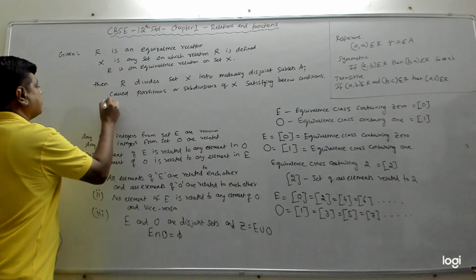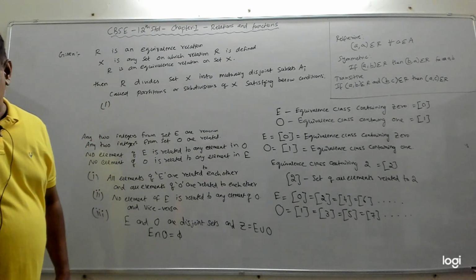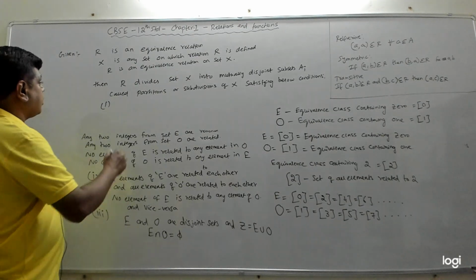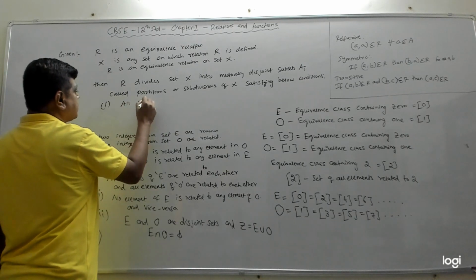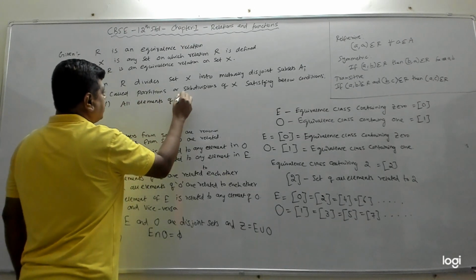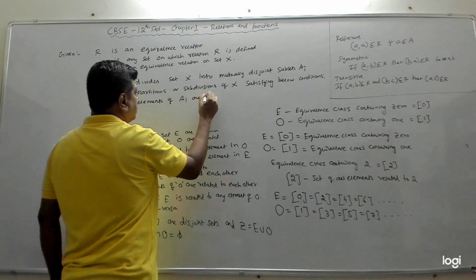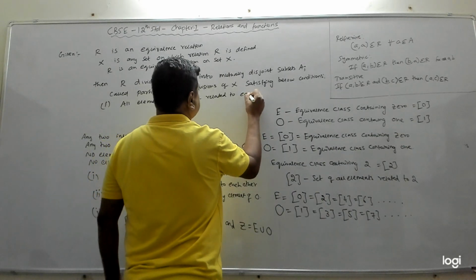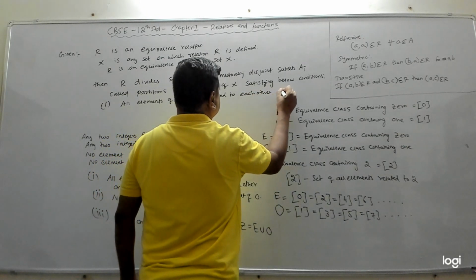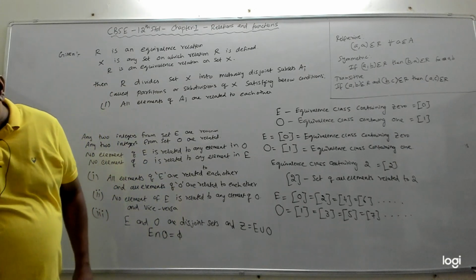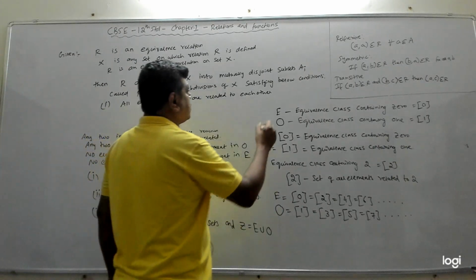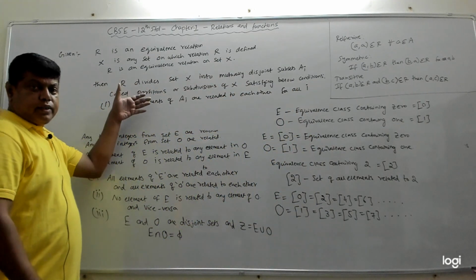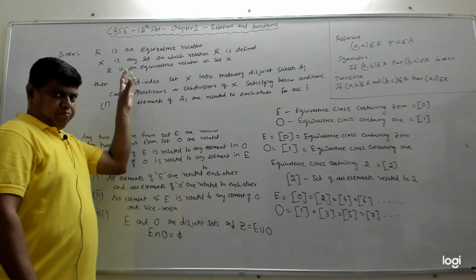Number one is, all elements of Ai are related to each other, for all i. Right? So once I write this, I will explain this with an example, then you will be able to understand this.